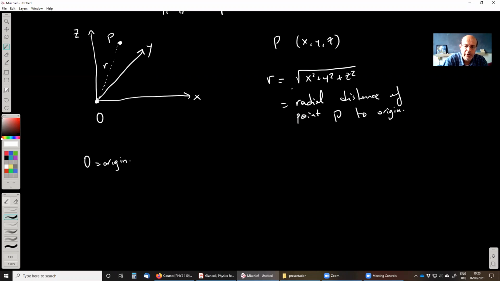Okay, so this is a distance, but in certain problems we would like to describe it as some kind of coordinate. We think of it as a radial coordinate. It is quite similar to the Cartesian coordinates, except that it's not Cartesian. It's slightly distinct from the Cartesian coordinates.